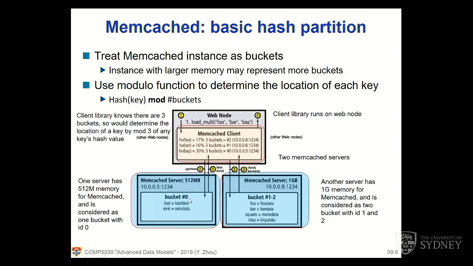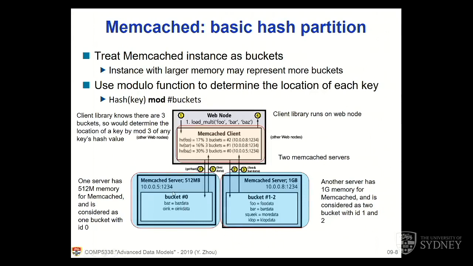So the client will contact the corresponding memcached server to get the value of the keys that is required. So that's the very simple way of deciding where the data is.